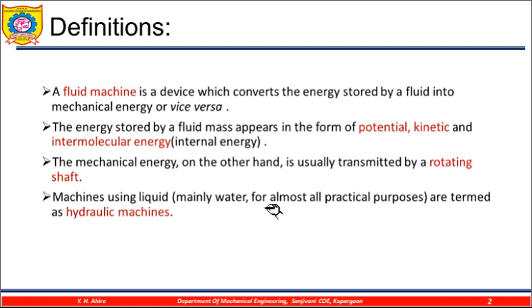So a fluid machine is a device which converts one form of energy into another form of energy. It converts fluid energy into mechanical energy or mechanical energy into fluid energy.